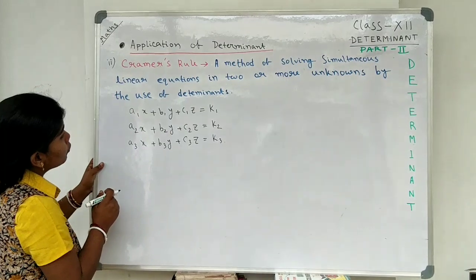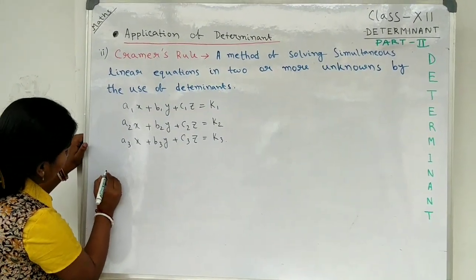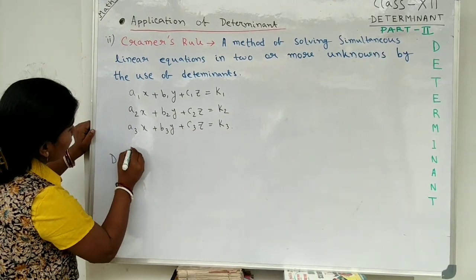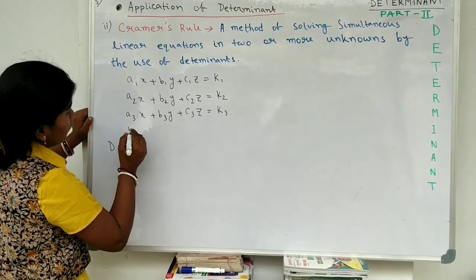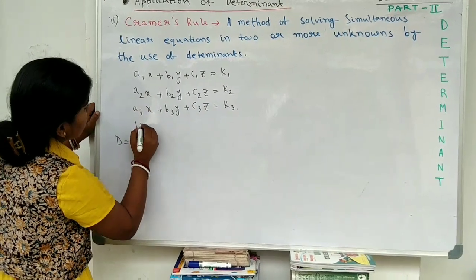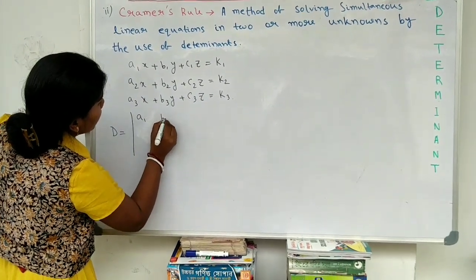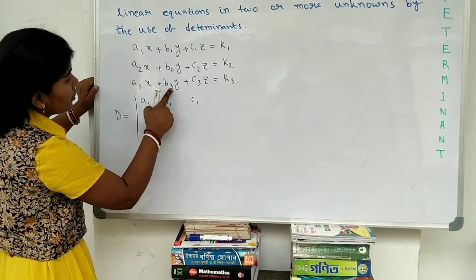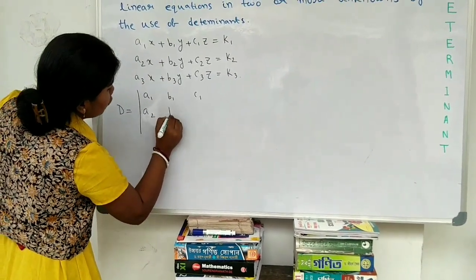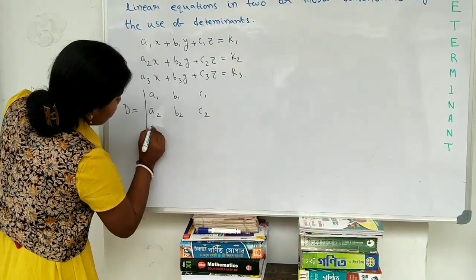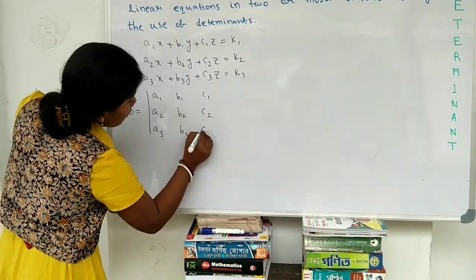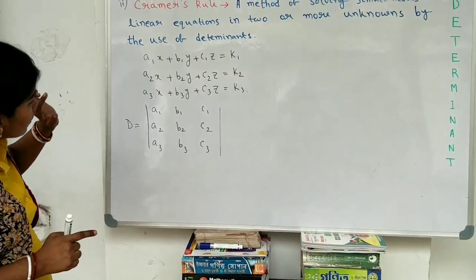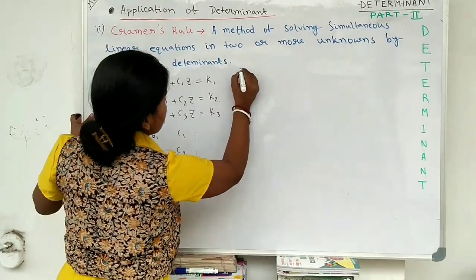So what you will have to do? First of all, you will have to write a determinant D, which you will get from the coefficients of the equations. That is a1, b1, c1, a2, b2, c2 and a3, b3, c3. This is D. Now you have to find Dx.